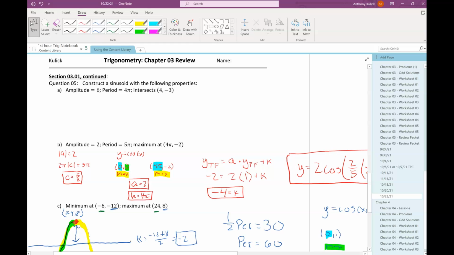Is that okay? In part A, the point you're given is a free point. It could be anywhere you want to put it. My suggestion would be to put it on the midline so you can use sine, and then h and k are trivial, right? They're just the same coordinates as the point. Okay.